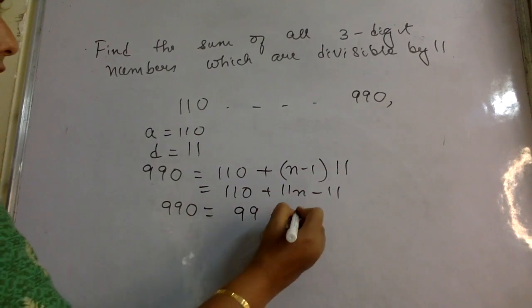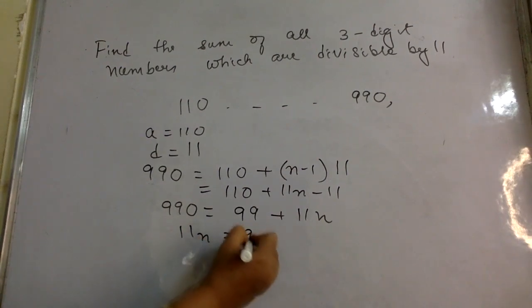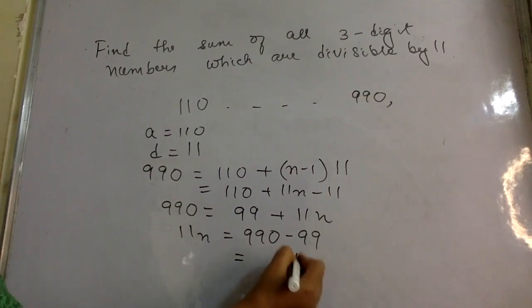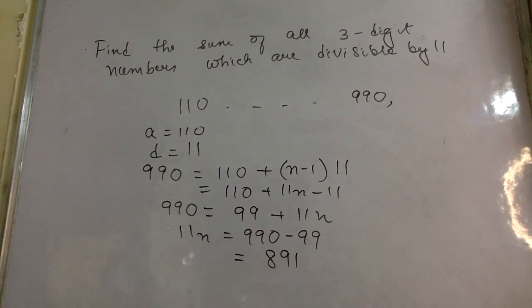That is 99 plus 11n. So 11n is equal to 990 minus 99, and that comes to 891.